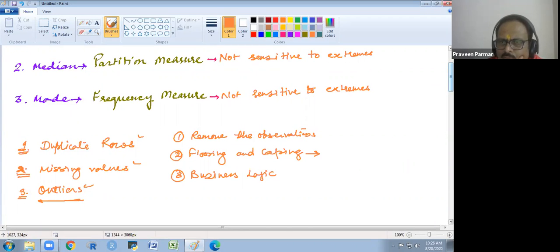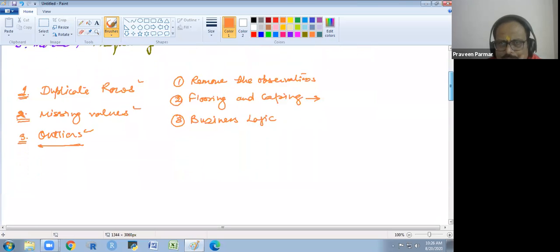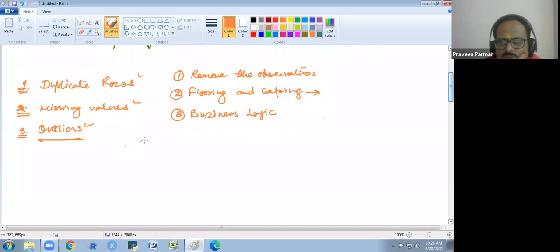How do we do this flooring and capping of the outliers? So we have two conditions. One, if our data is normally distributed, then we find out the upper limit and the lower limit of the outlier.